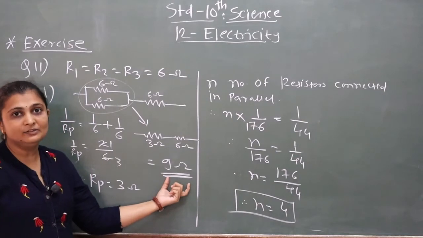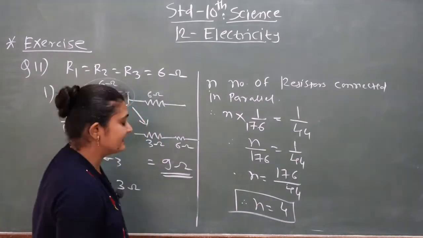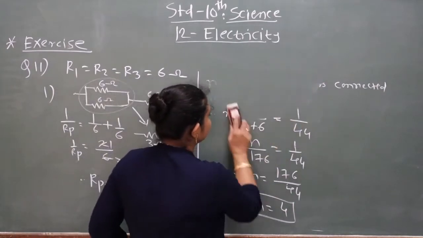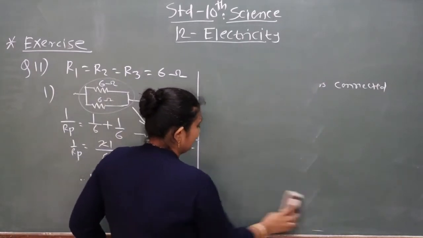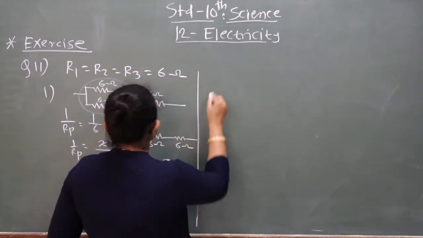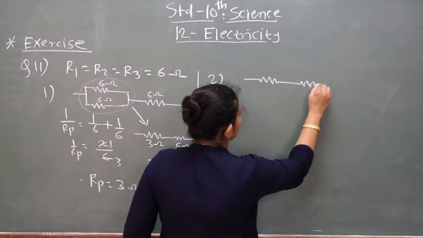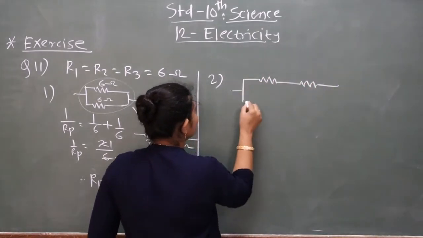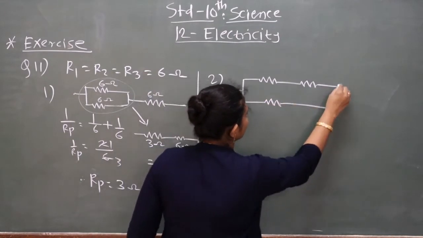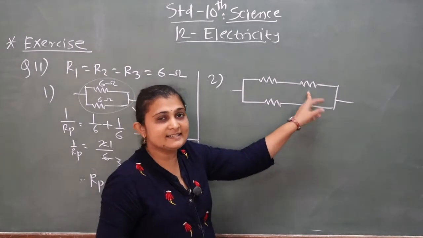Now for the 4 ohm, how do we have to connect the resistances? See, second condition, first two connected in series.